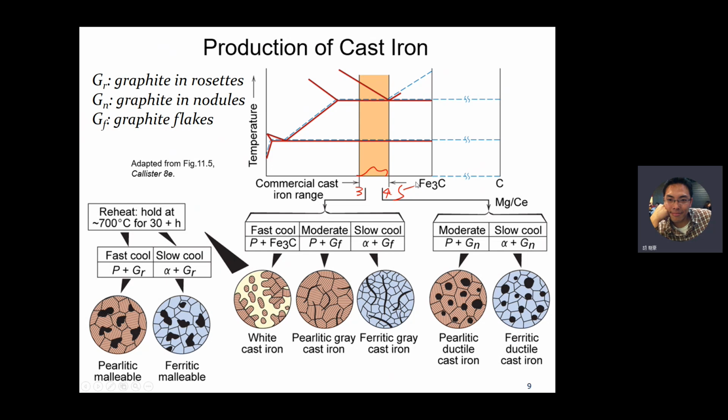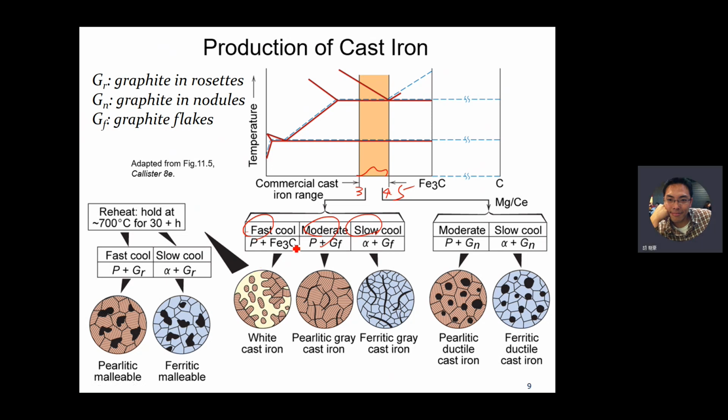Therefore, for the lower carbon content, close to 3 weight percent, fast cooling, moderate cooling, and slow cooling can control the morphology of graphite.